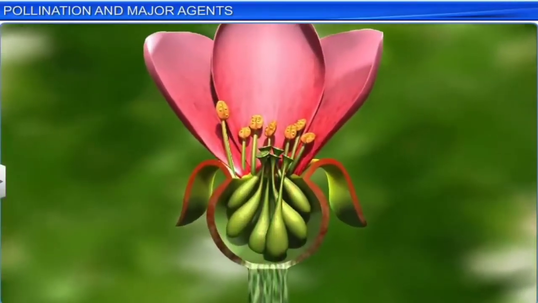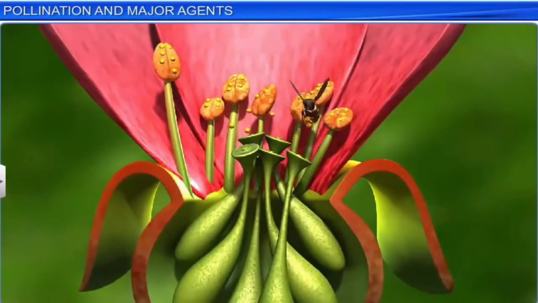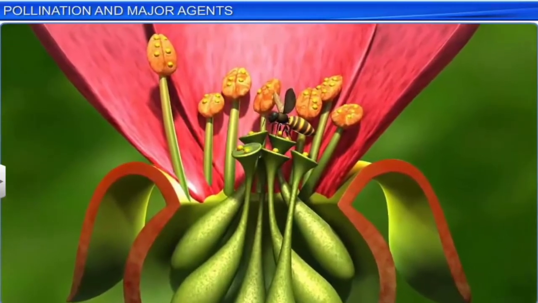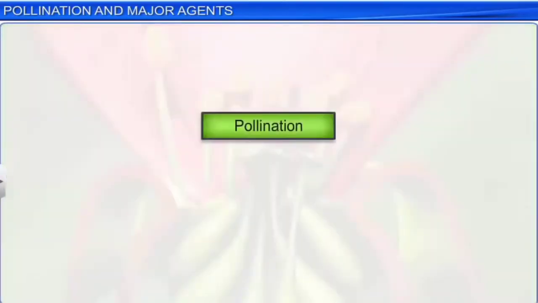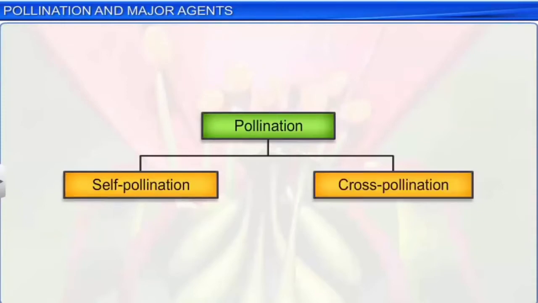This process of transfer of pollen to the stigma of a flower, brought about by agents such as insects, wind, and water, is called pollination. Pollination can be of 2 types, self-pollination and cross-pollination.